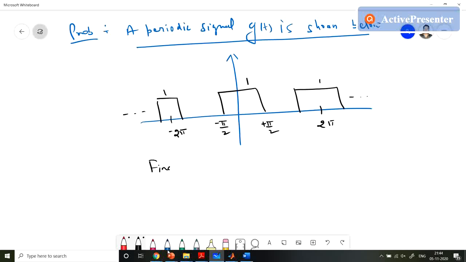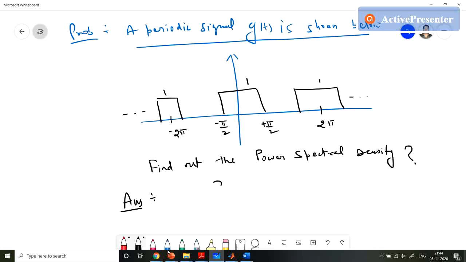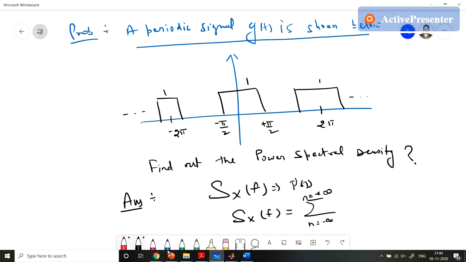Find out the power spectral density of the signal. The power spectral density is denoted by S_xx(f), which is equal to summation n equal to minus infinity to plus infinity modulus of Cn square.